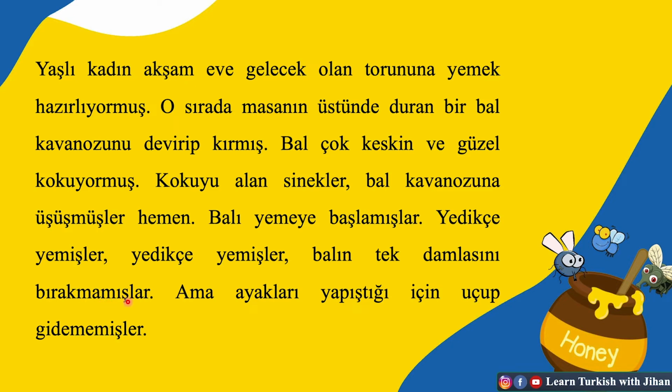Now, I added mış, which means the reported past tense, something that happened in the past. So, don't leave. Lar, they. The lar is the suffix of the personal pronoun. So, the meaning of the whole word means they didn't leave. They didn't leave a single drop. Damla is drop. A single drop of honey.